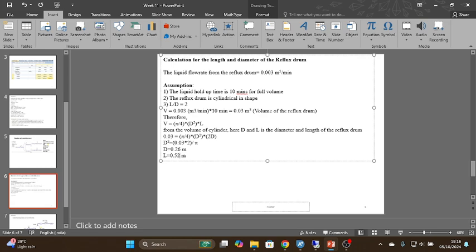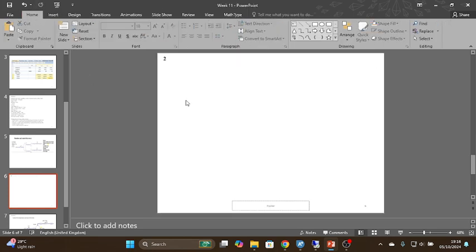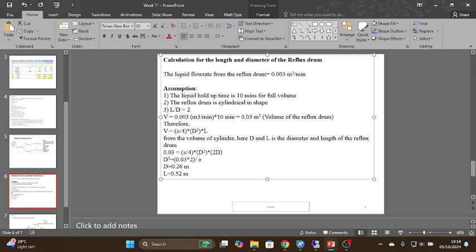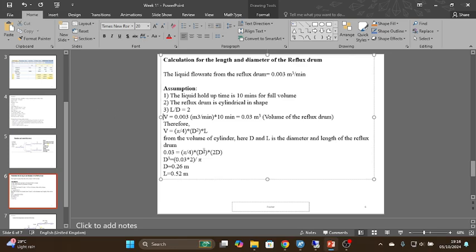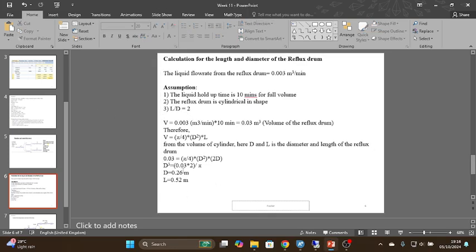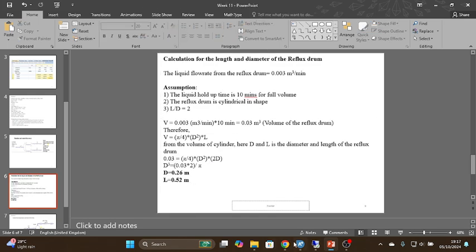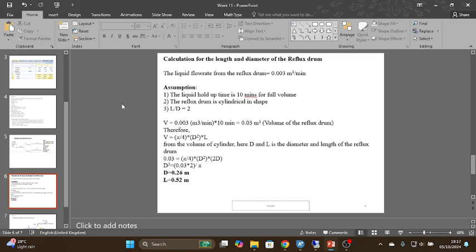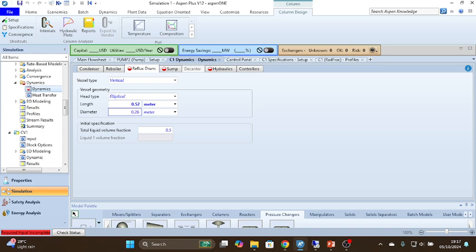Twice of the diameter is going to be the length. This is the entire calculation for the reflux drum. So let us use these values over here. In reflux drum, the length is 0.52 meter and diameter is 0.26 meter.